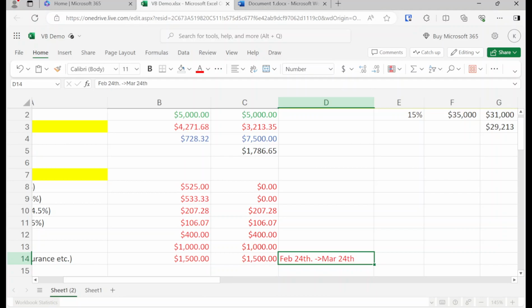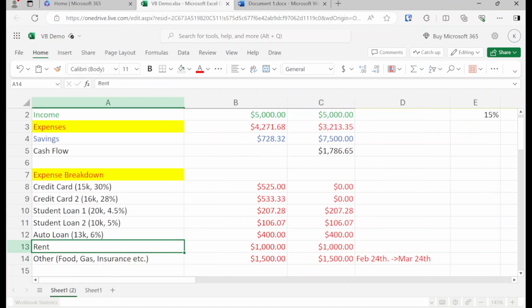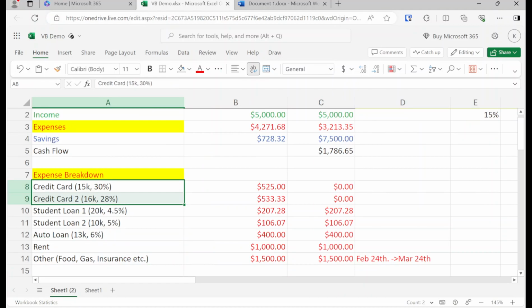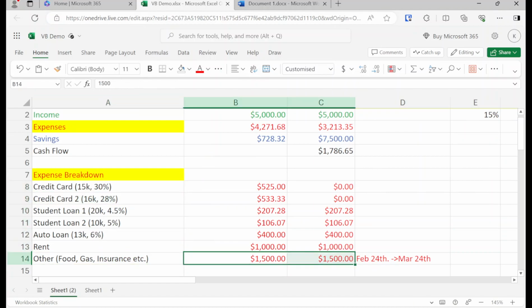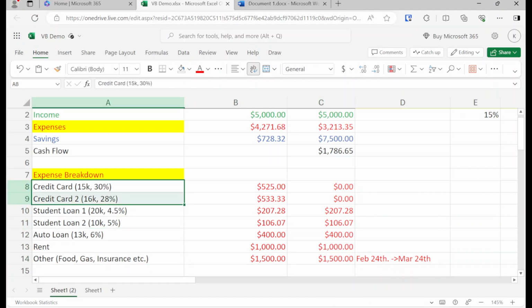Does that make sense? Basically, I can still use these credit cards, but I just make sure it doesn't pass 1,500, because that's my budget for my general expenses. The reason you got these credit card balances is that you spent over your 1,500 and accrued debt. So you just have to be a little bit smart.